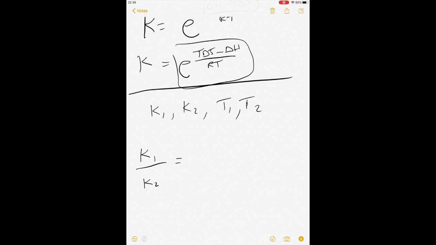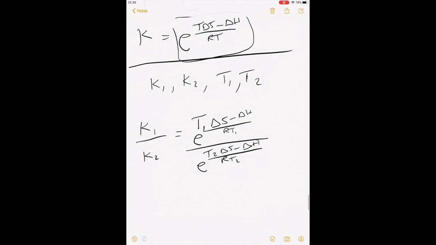So what we can do, we can just use the same thing, T1 delta S, and of course this we got e to the T1 delta S minus delta H over RT1, and then it will be e to the T2 delta S minus delta H over RT2. So that's going to be the form for the equation.